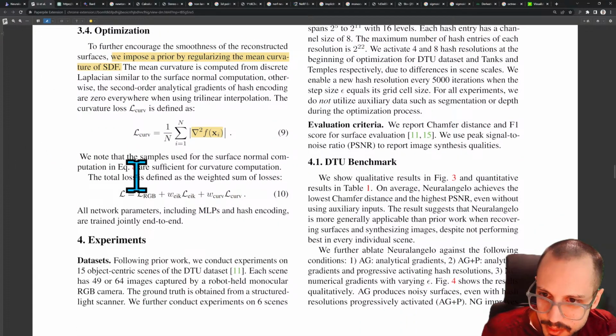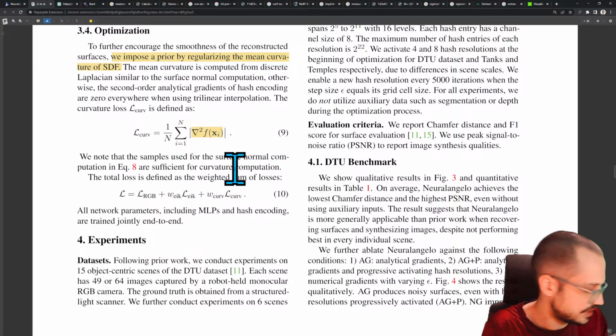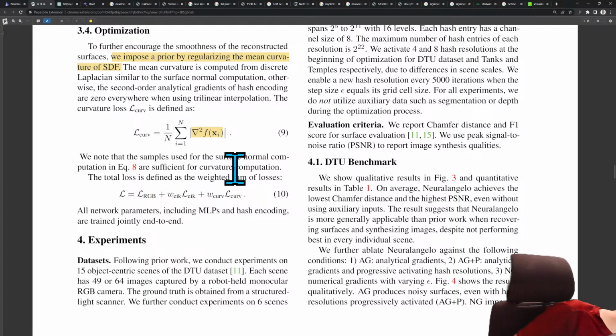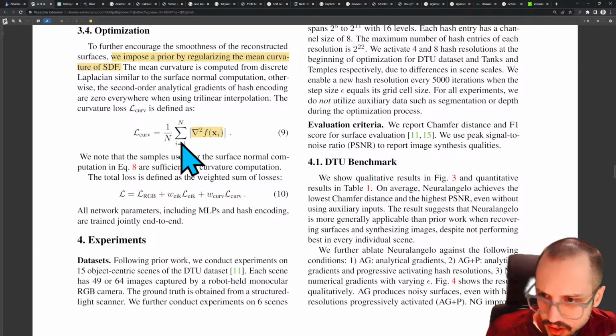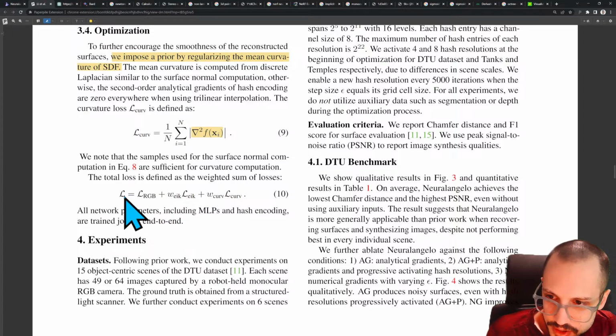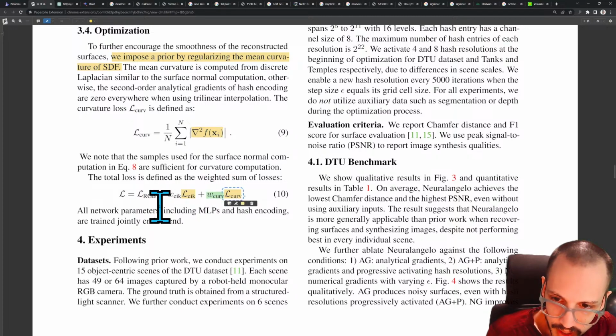We note that the samples used for the surface normal computation are sufficient for curvature computation. The total loss is defined as the weighted sum of losses. So the loss that you use at the very end is basically you sum together your eikonal loss and this curvature loss, and each of those has some hyperparameter, W_IC and W_curve, which is going to determine how much of an impact they have on the actual true loss that you want, which is this L_RGB, right?